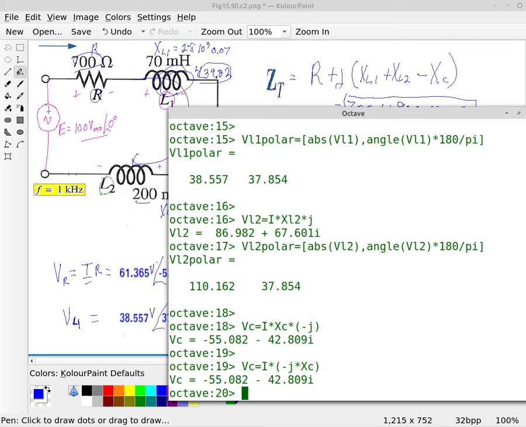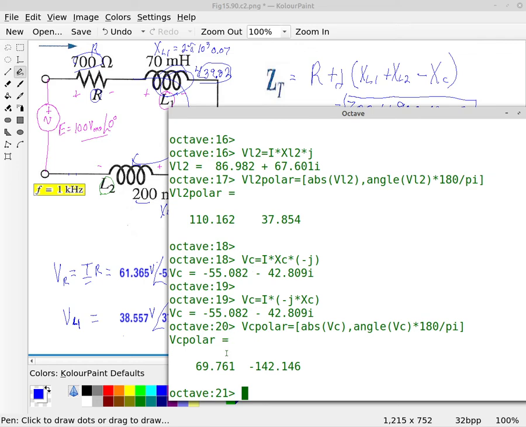All right, so now again, this is the rectangular form. So I'm going to recall this function to get it to just display it. This is just for display purposes, to display it in polar form. All right, so now we've got 69 volts, but notice this angle is minus 142.